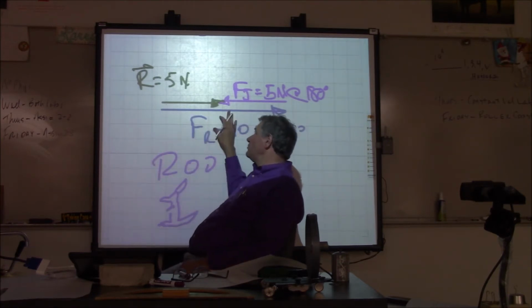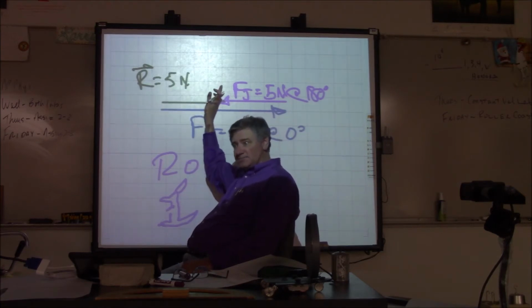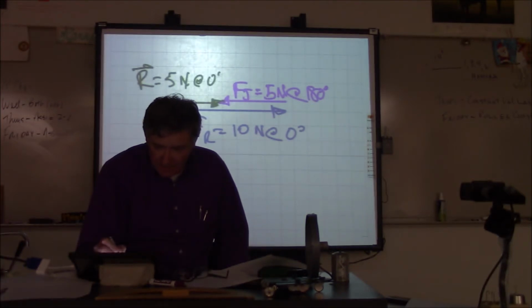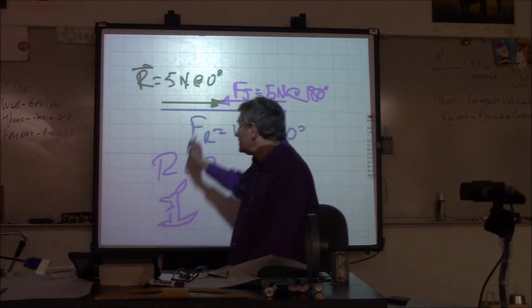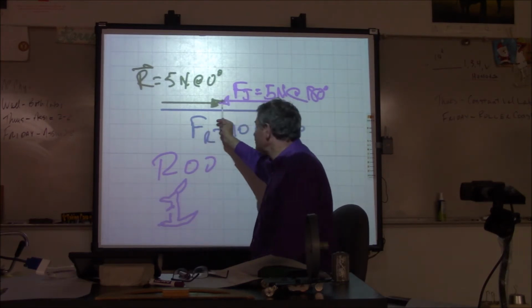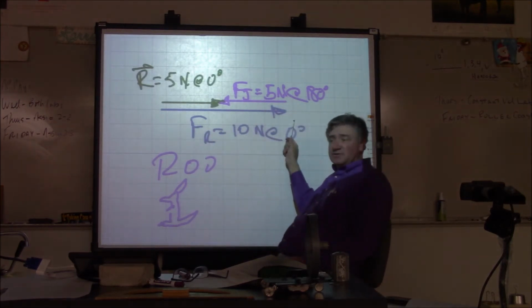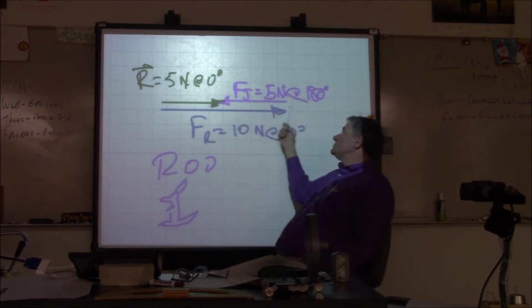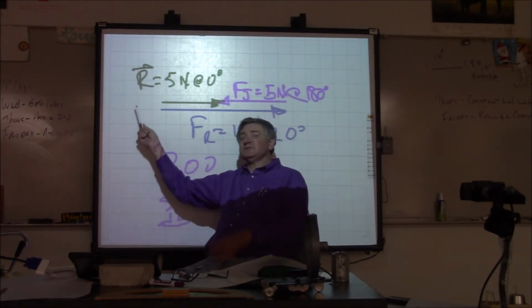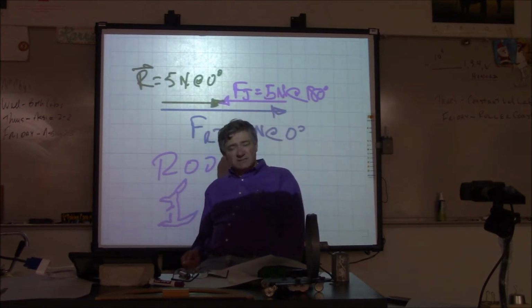So here's what's important. This is why you have to go from the origin out to this point. So I've got to put that at 0 degrees. So this is why you draw this vector from the origin out. Because if you drew it back this way, then you would say, Riley is pulling this way at 10 newtons, John's pushing that way at 5, but we're still going to go in the direction that John was pushing, even though he was only pushing with a force of 5 newtons, which doesn't make any sense at all.